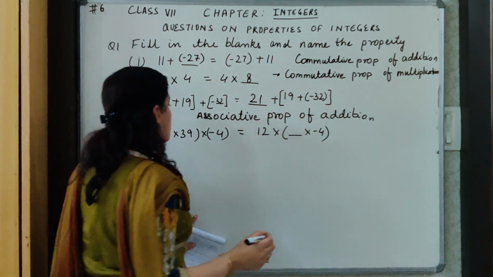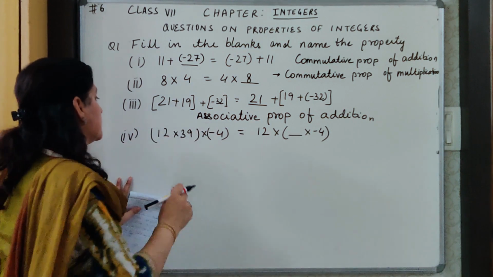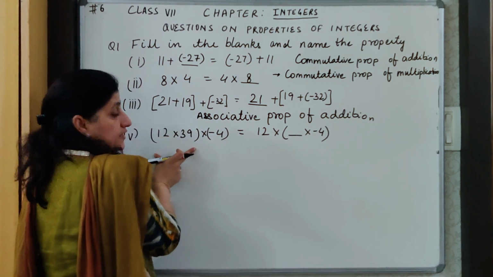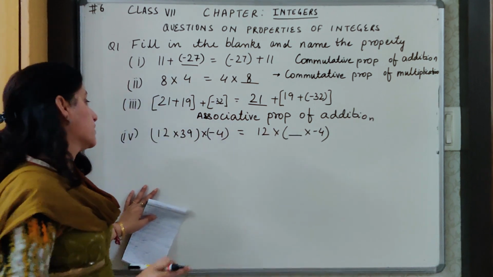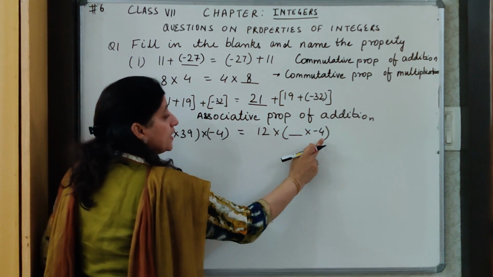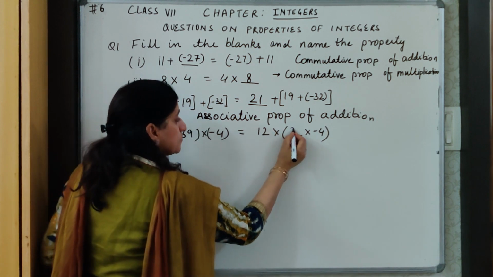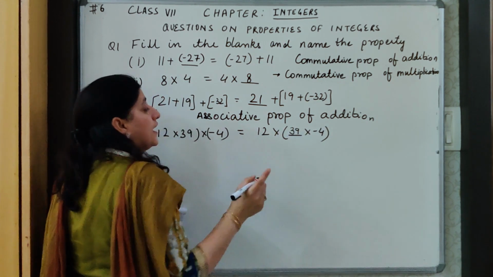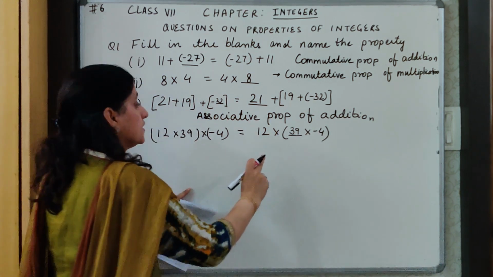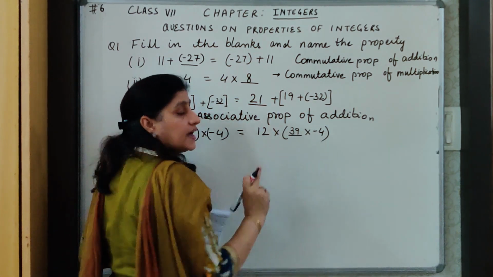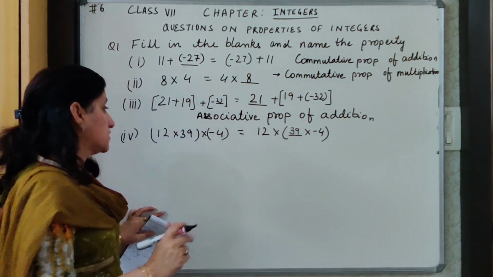Now I have one more question over here, which is 12 into 39 in one bracket multiplied by minus 4. And here I have 12 and minus 4. So my missing number is 39. And now I see that here 12 and 39 are associated, and there 39 and minus 4 are associated.